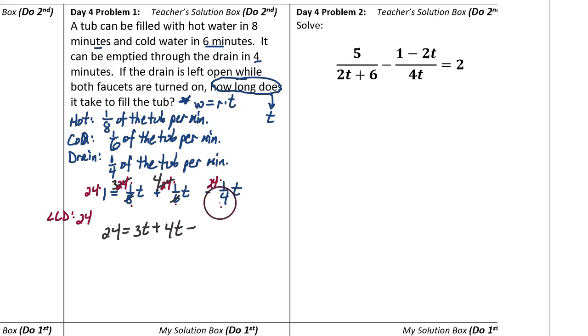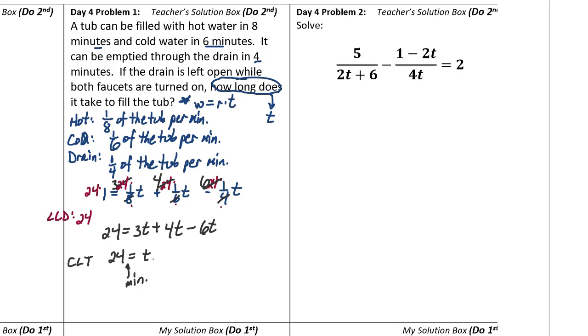And on the end, 4 goes into 24 6 times, and 6 times t is 6t. We can solve this equation by combining like terms. We have 24 equals 1t. T is representing the amount of time to fill the tub, so we should include the unit minutes along with our 24.